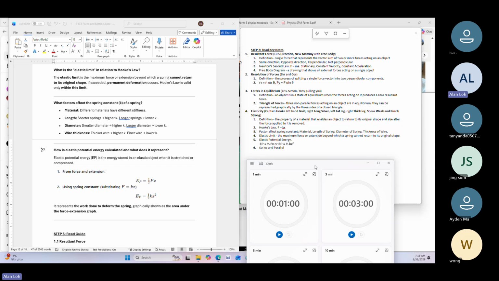Yin Da, Jing Sam, Xing Ling, Aiden. No one, then I'll pick and choose. Just now was Yin Da who explained the story. Let's try Jing Sam. Jing Sam, can you tell me the story? Or Aiden, whoever? Or even Xing Ling? Xing Ling, I know she's very shy.